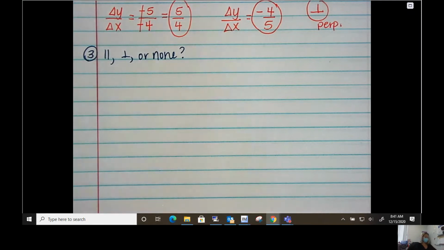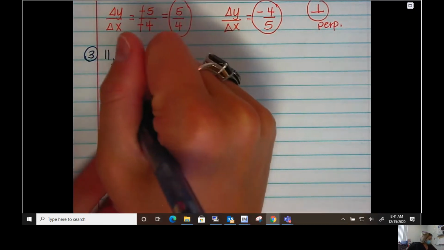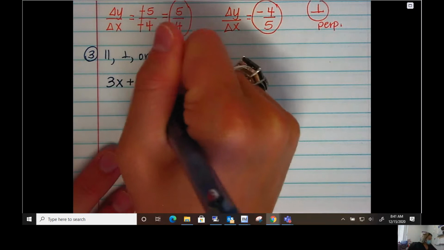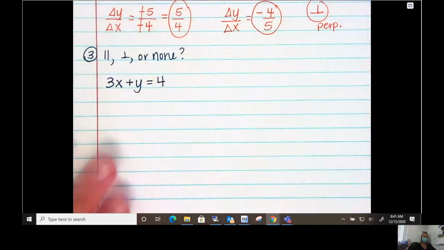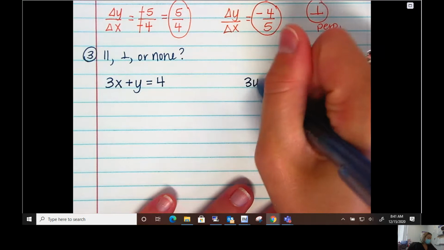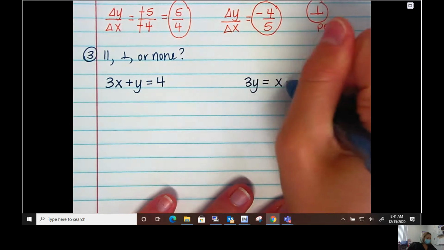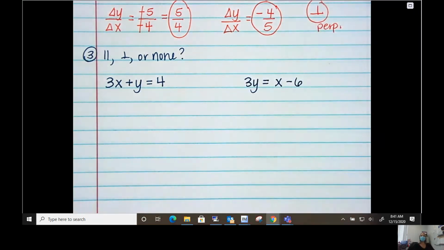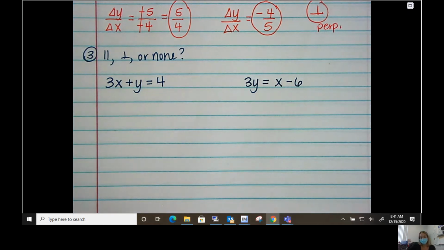So the first equation is 3x plus y equals 4. And my second equation is 3y equals x minus 6. So I want to know if these 2 are parallel, perpendicular, or neither.